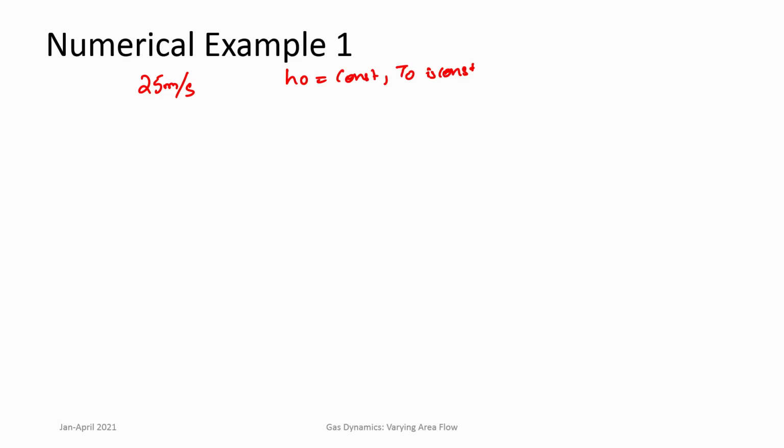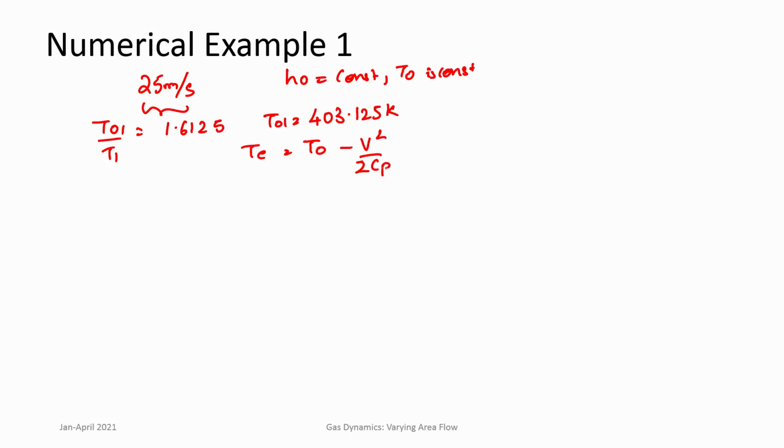So from here we know what is the velocity at the exit. If we find T naught for the main flow, we can find T naught by T naught 1. This is for 1.75 flow, it is 1.6125. So T naught 1 is 403.125 Kelvin, and T e can be found by T 0 minus V square by 2 Cp using the energy equation.